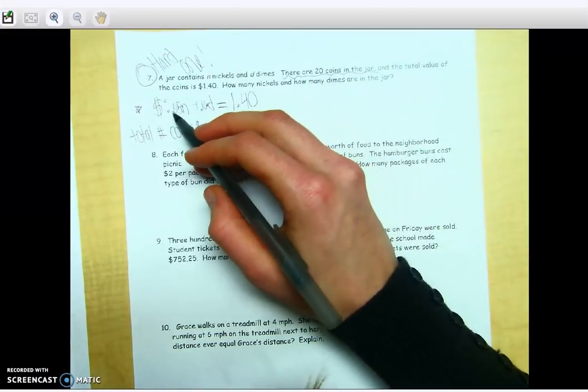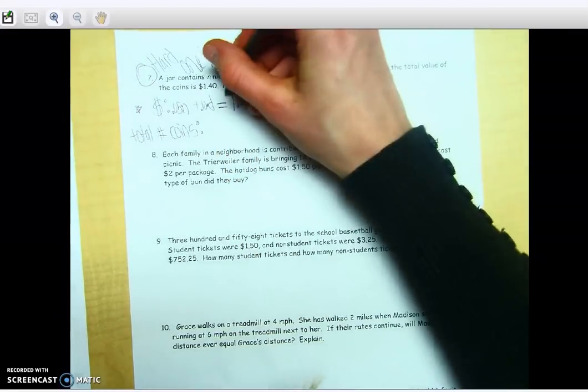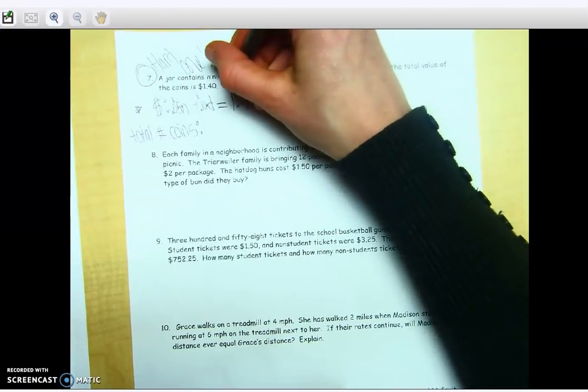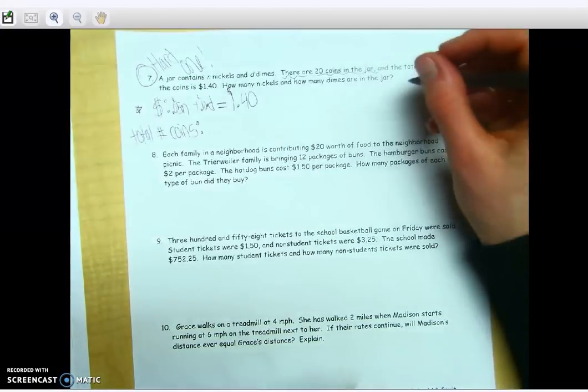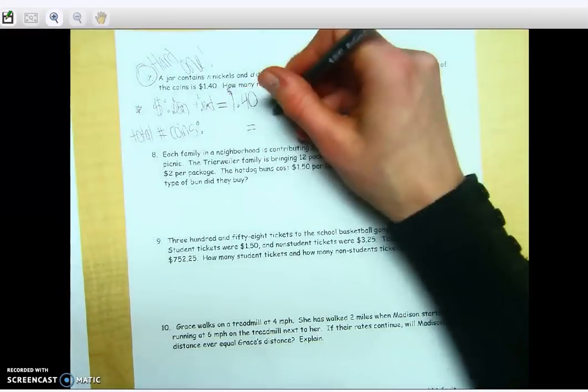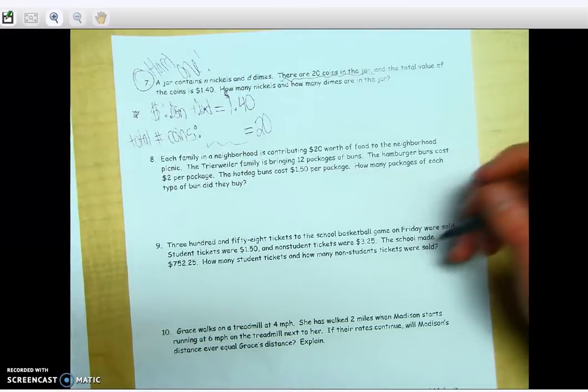So we're going to multiply 5 cents for every nickel and 10 cents for every dime, and it should add up to 140 cents or $1.40. Okay? Then you'll have to figure out what equation should I do for the total number of coins in the jar. It should be equal to 20. What needs to go here?